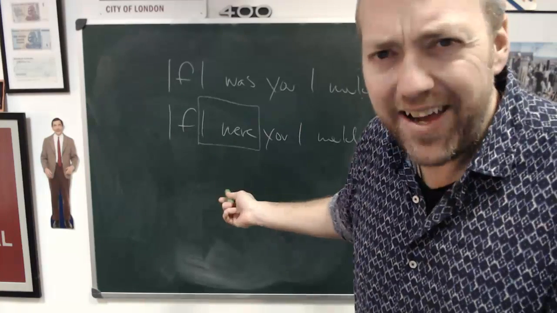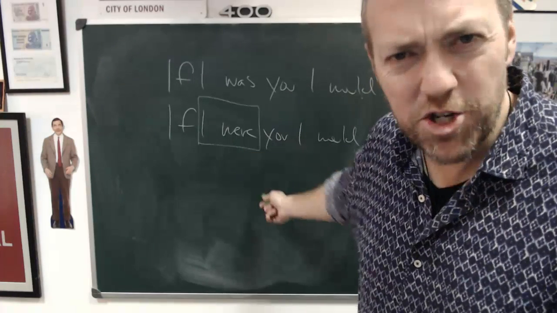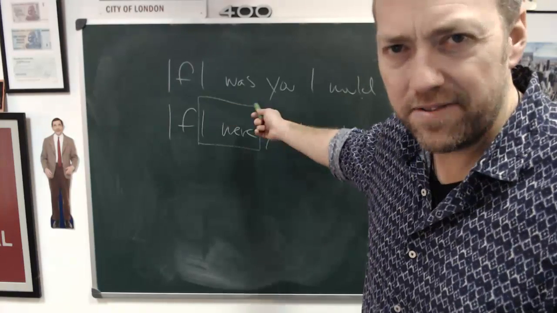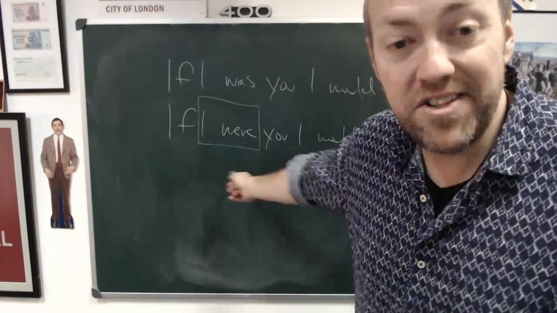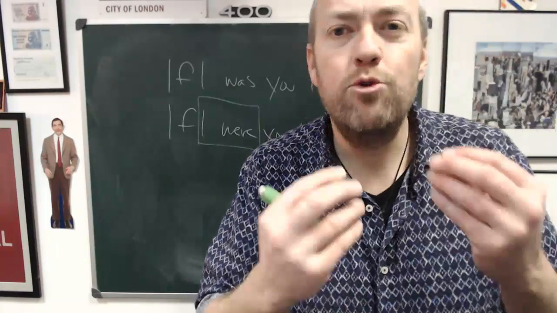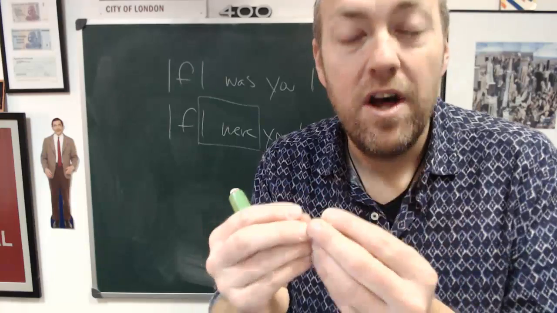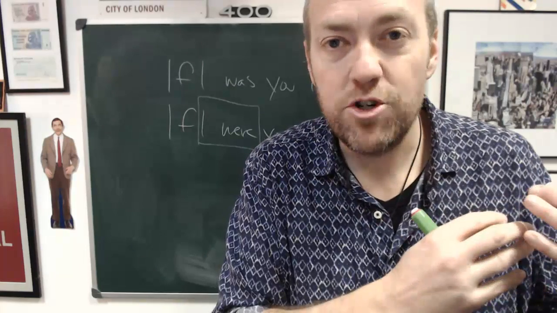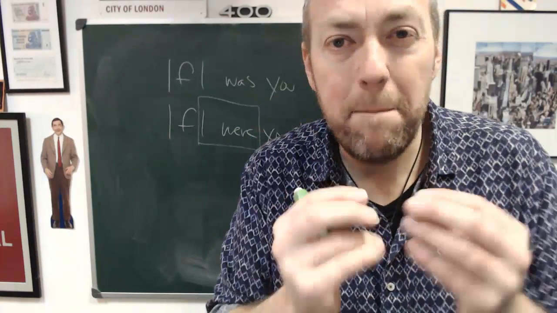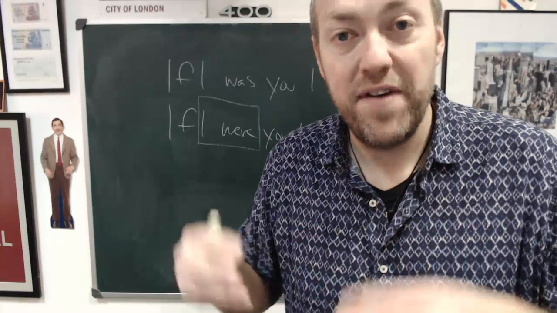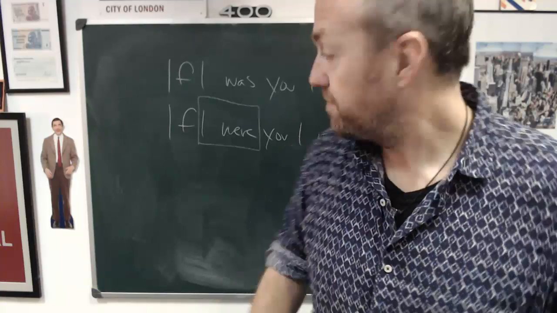So why here in the conditional do we say "I were" and not "I was"? Because this is a remnant, a small piece of Old English, a little bit of medieval English that continues to live in modern English. Okay?